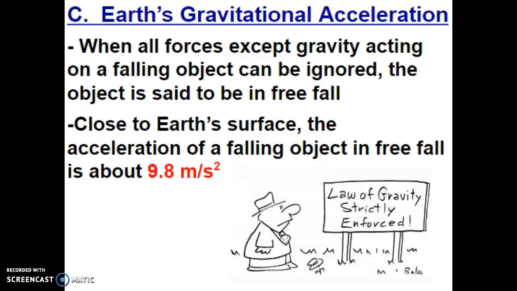When all forces except for gravity are acting on a falling object, we can say that the object is in free fall, because gravity will pull things down towards the center of the Earth. Close to the Earth's surface, the acceleration of a falling object is about 9.8 meters per second squared.